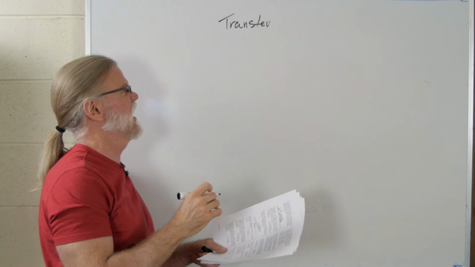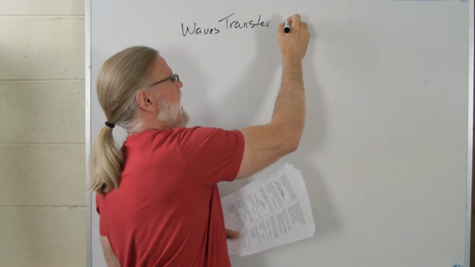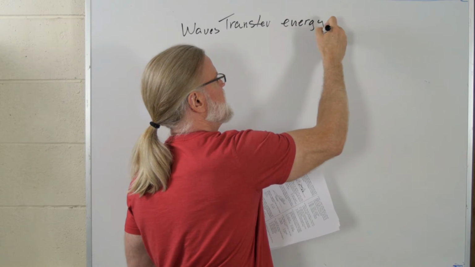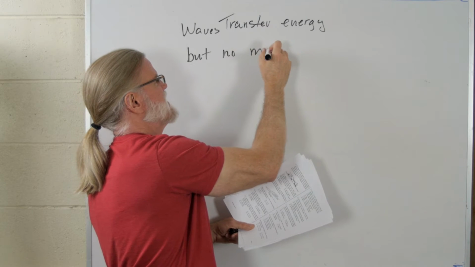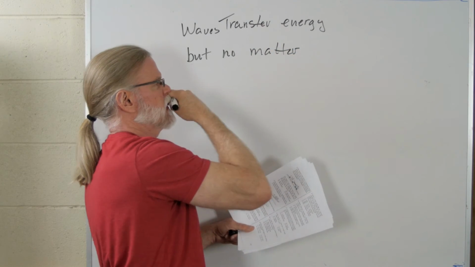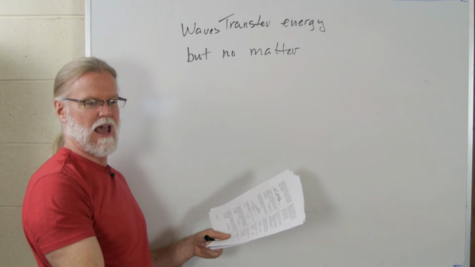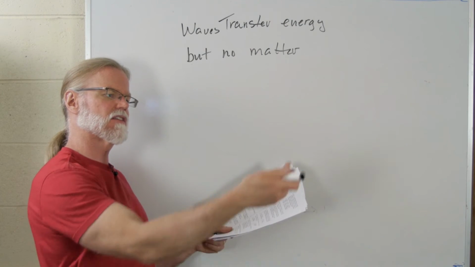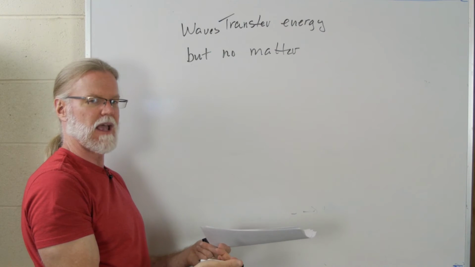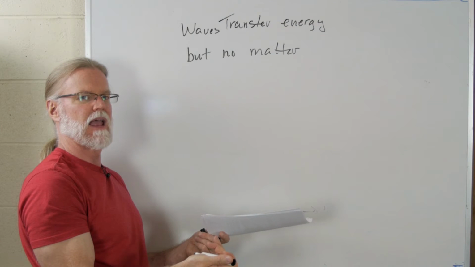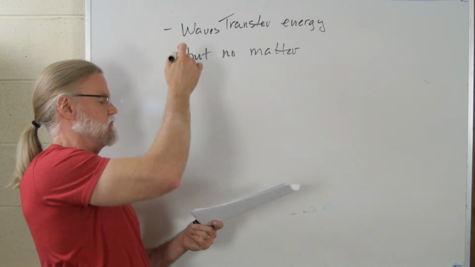Well, I was trying to show that waves transfer energy without transferring matter. When I did it with a wave, I wasn't actually transferring anything to the cup other than energy. The coils that were in my hand stayed in my hand, and if I missed, I didn't have to go get it. So that's one thing.